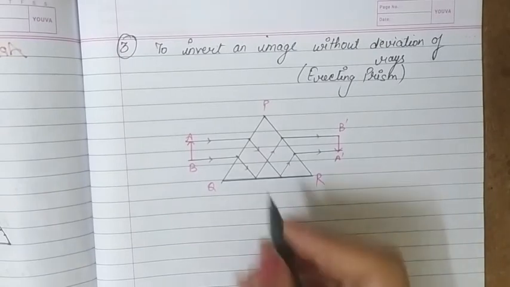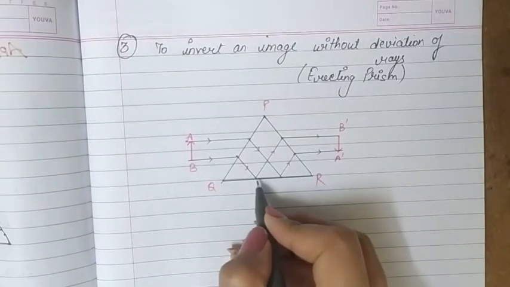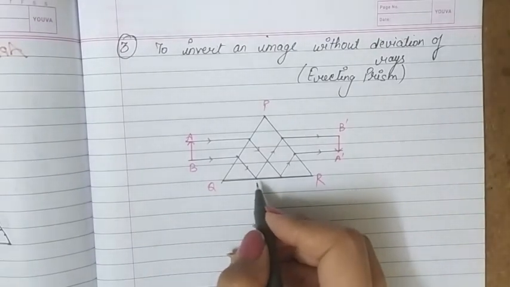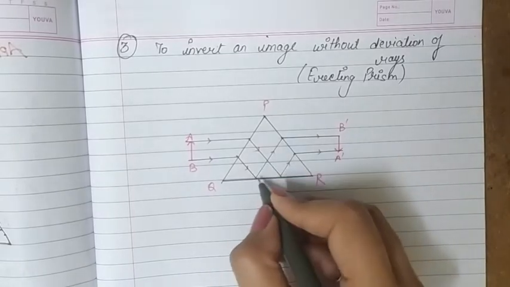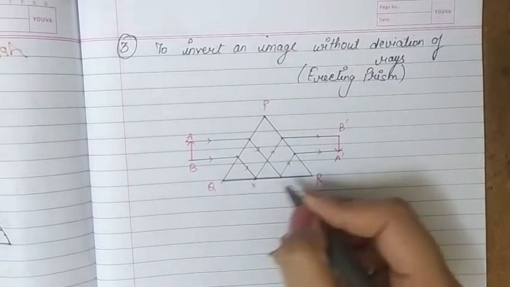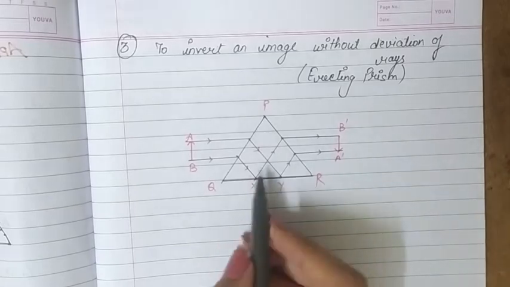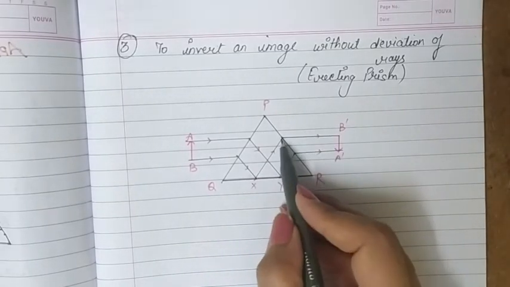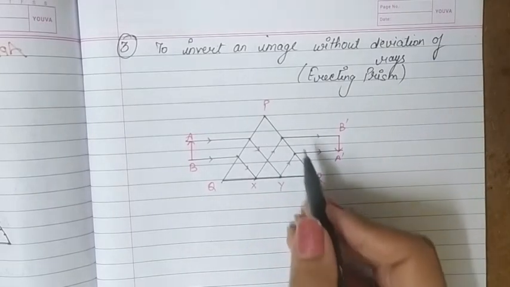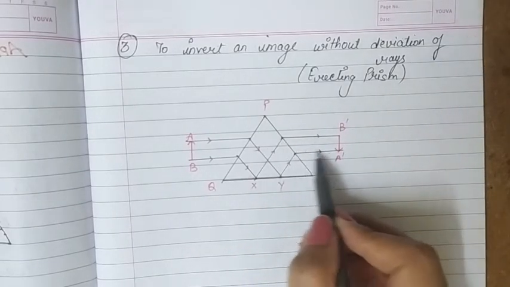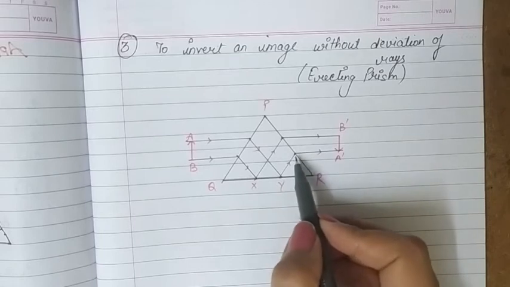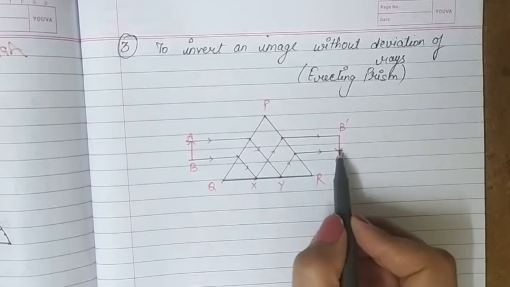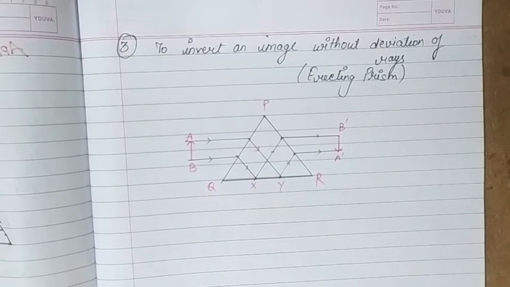an angle greater than the critical angle, that is 42 degrees for glass. So that's why at the points X and Y, these rays are showing total internal reflection, that is TIR. Again, when they are incident on the PR surface, they get out of the prism since the angle is not greater than the critical angle, and when they come out, they give us an inverted image A dash B dash of the object.